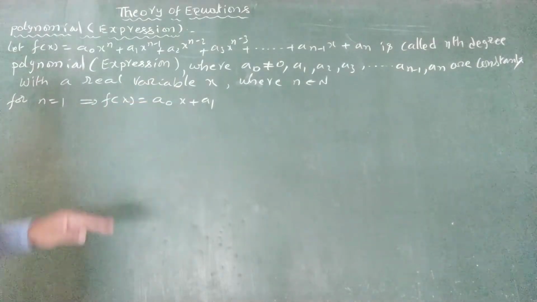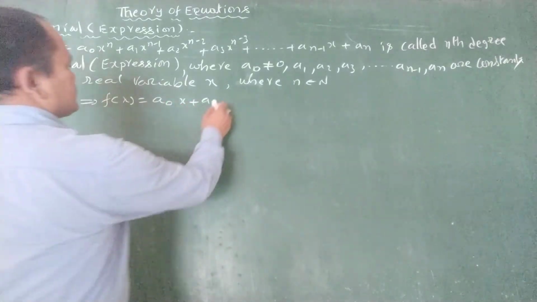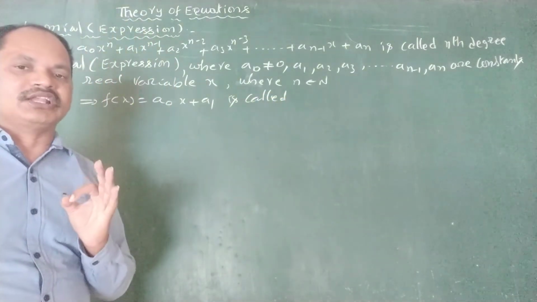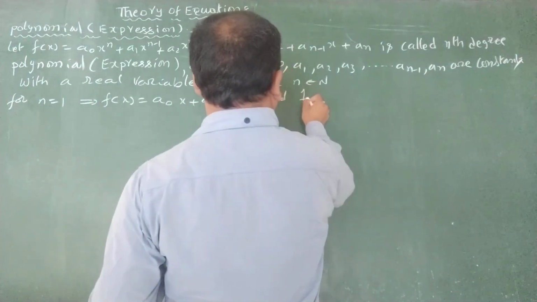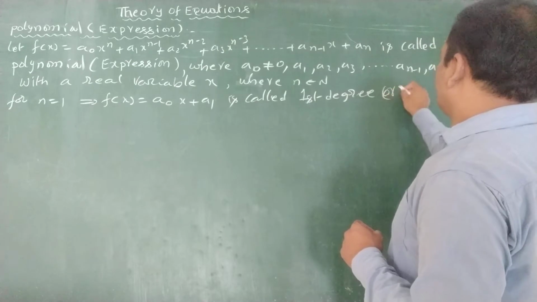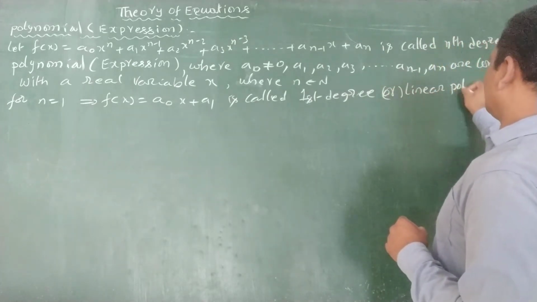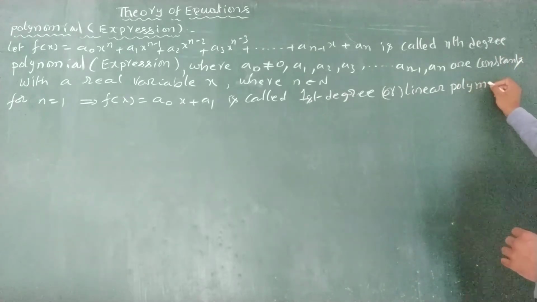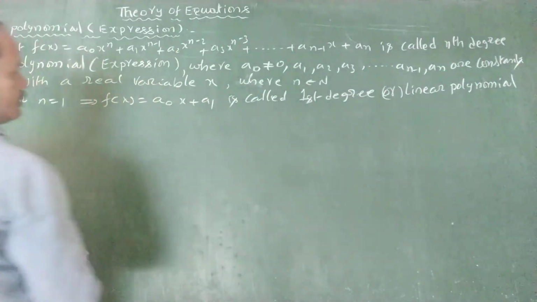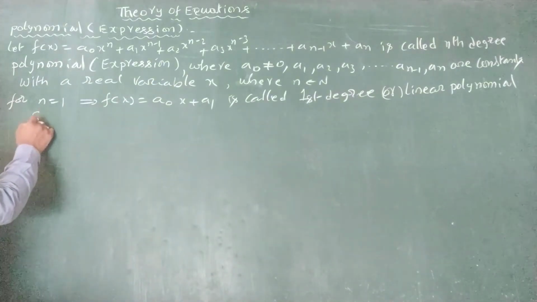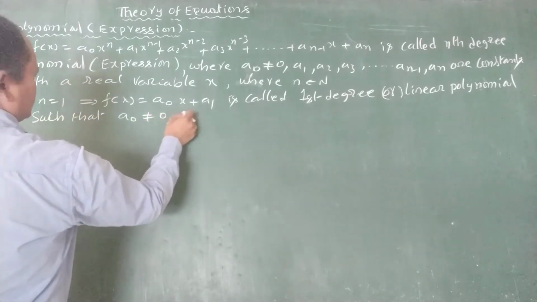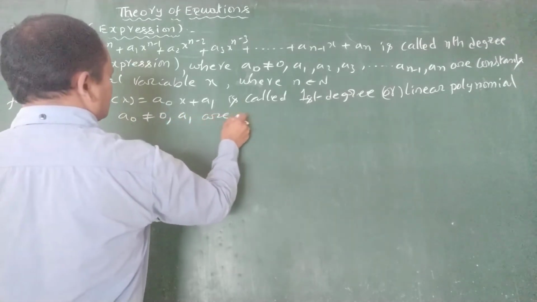So f of x is equal to a0 x plus a1 is called a first degree or linear polynomial, such that a naught not equal to 0, a1 are constants.